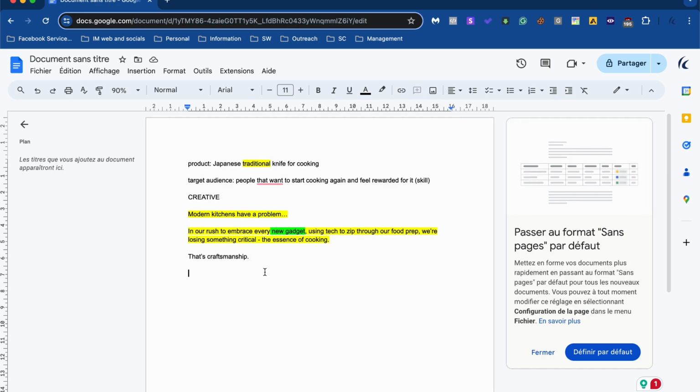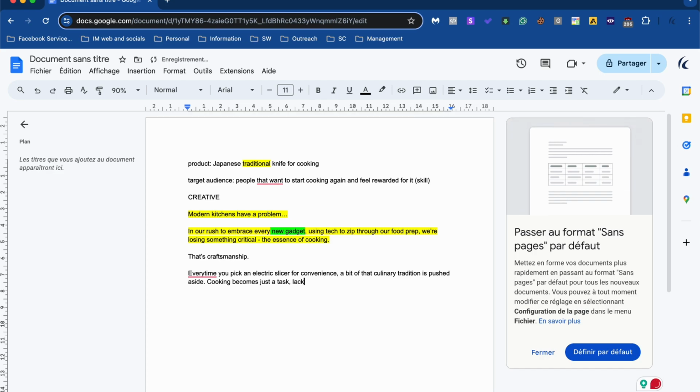So: "Every time you pick an electric slicer for convenience, a bit of that culinary tradition is pushed aside. Cooking becomes just a task, lacking any real connection or passion."